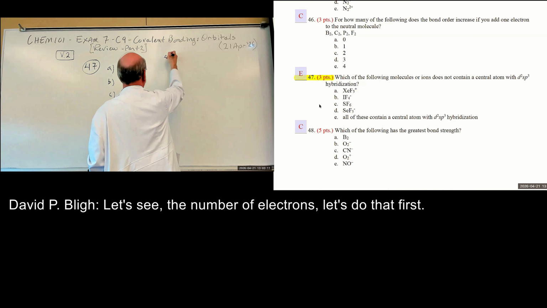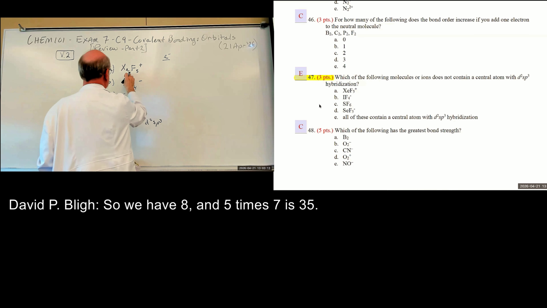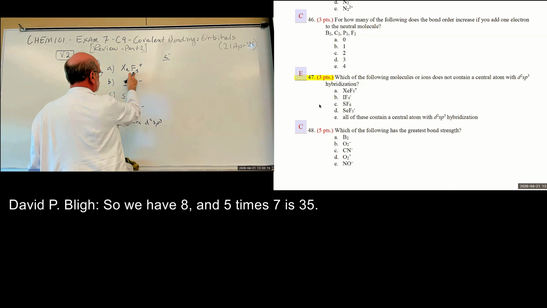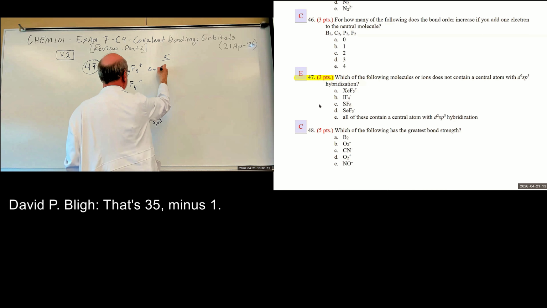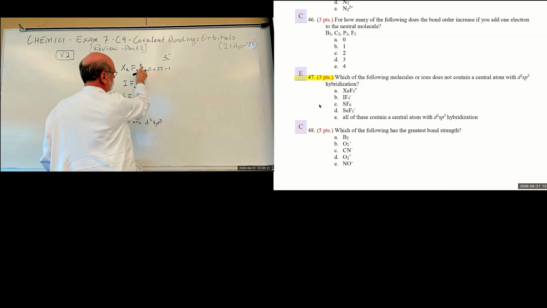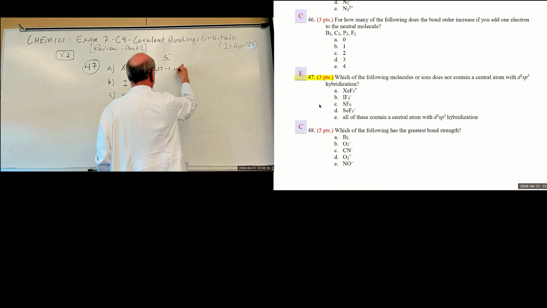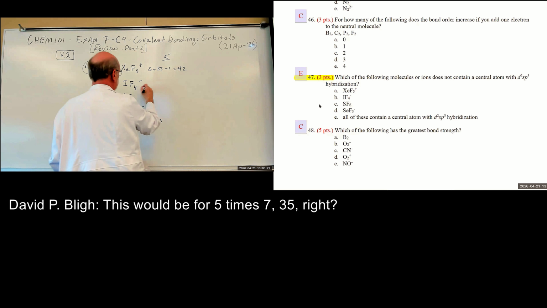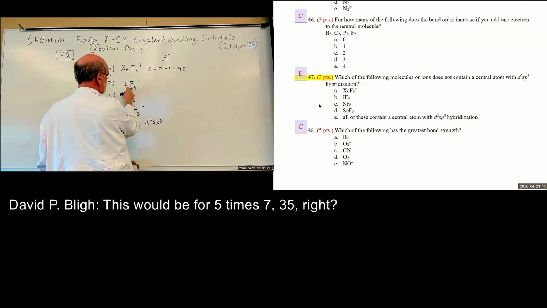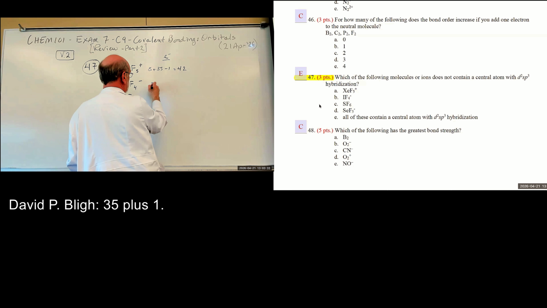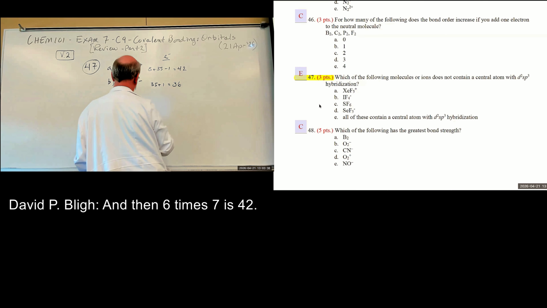So let's see the number of electrons. Let's do that first. So we have 8, and 5 times 7 is 35. That's 35 minus 1. So that's 42, right? This would be for 5 times 7, 35. 35 plus 1 equals 36.